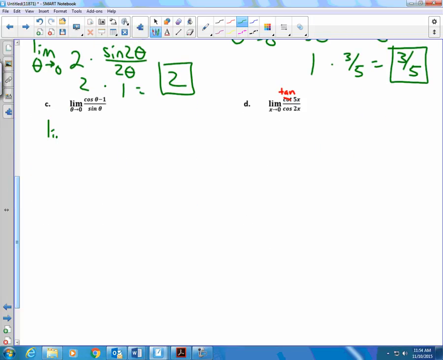So I have the limit as theta goes to 0 of cosine of theta minus 1 over 1 times 1 over the sine of theta. I'm going to split them up. Now you recognize this, right?